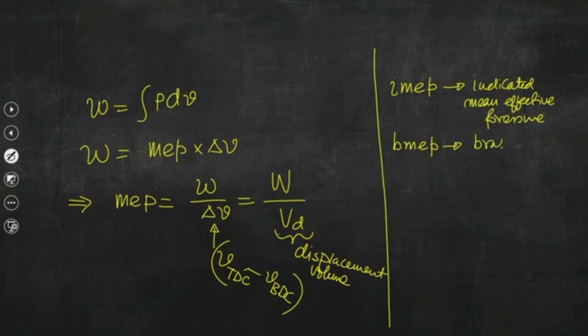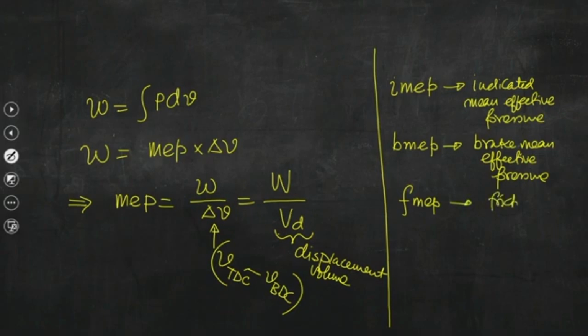So, this is brake mean effective pressure. We may have FMEP. So, this is frictional mean effective pressure.